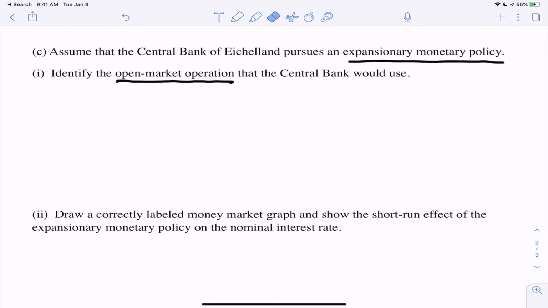So in this case, since we want this to be an expansionary monetary policy, we want to expand the money supply as well. So we had said that if the Fed were to buy bonds, buying bonds would increase the money supply.